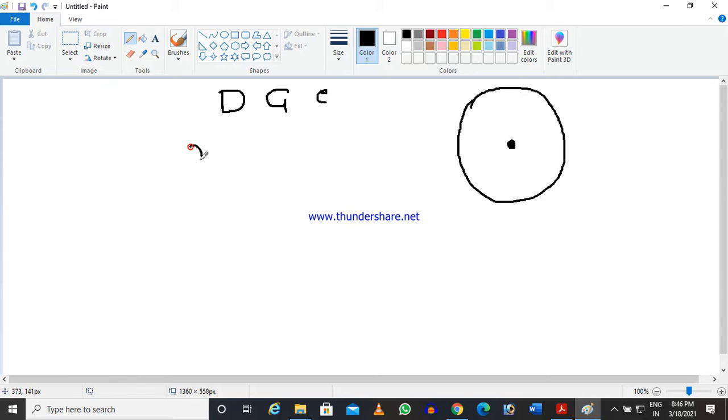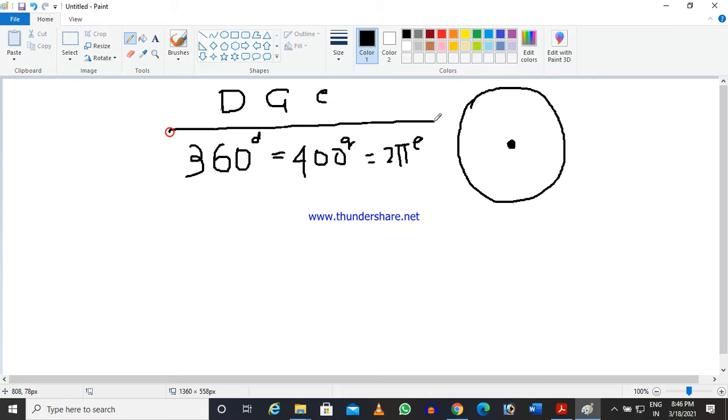So that means 360 degree is equal to 400 grade is equal to 2 pi radian. So these things we have to remember when we are working in different angle measurement systems.